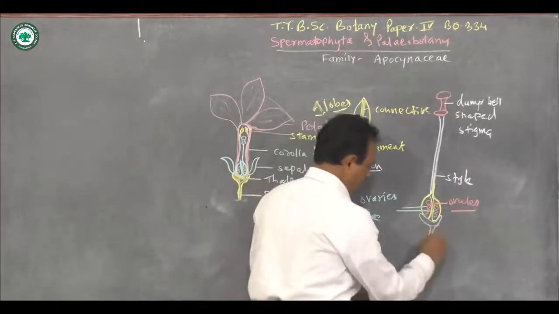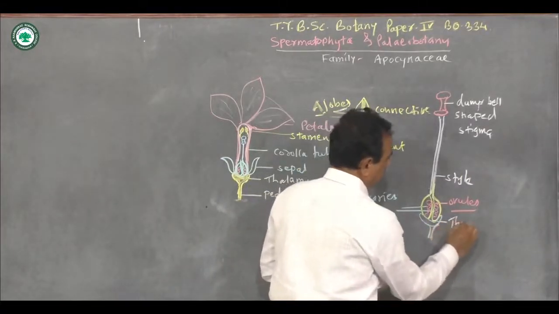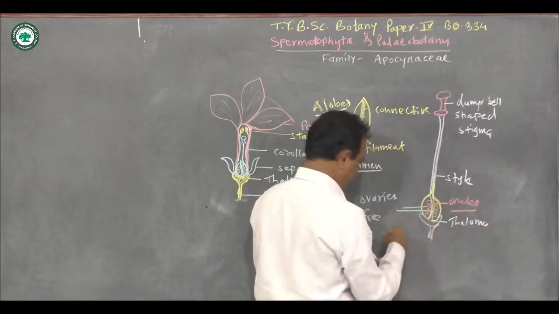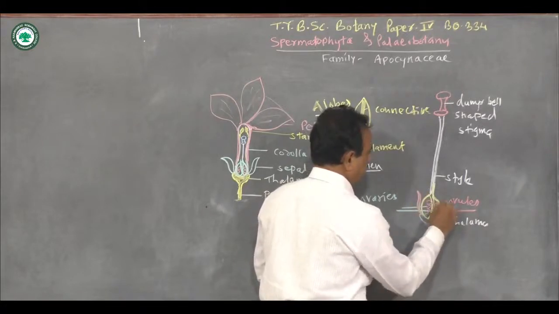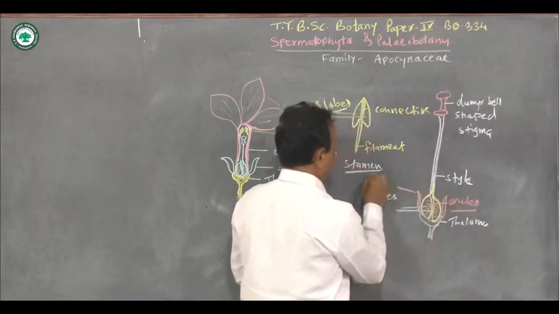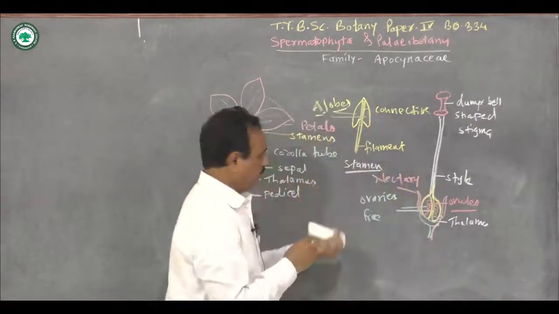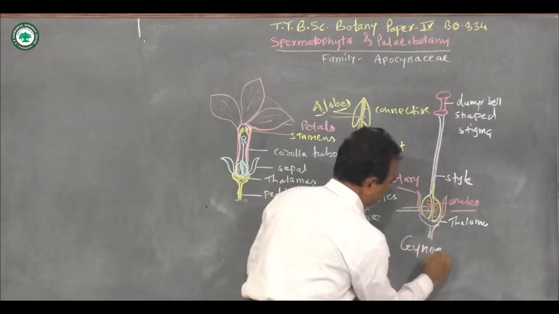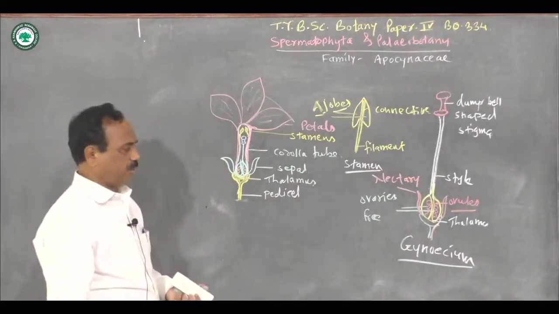And so here this is the thalamus, and here there is a formation of the nectary. So here nectaries, they are also formed. So this is the nectary which is present in the flower. So this is about the gynoecium. So the gynoecium, it is typical in the family Apocynaceae.